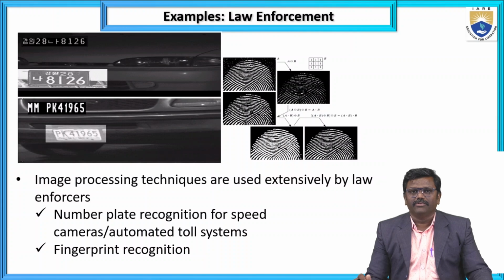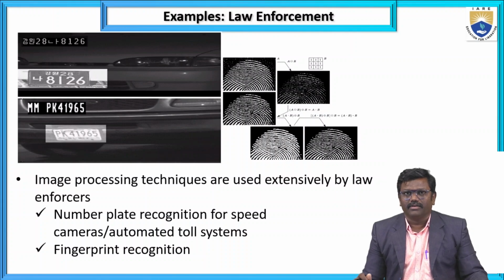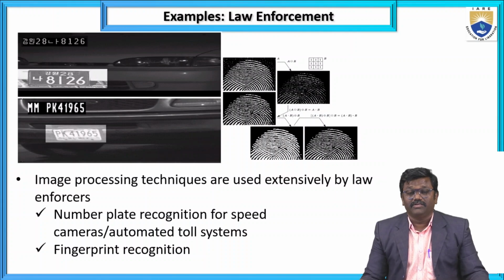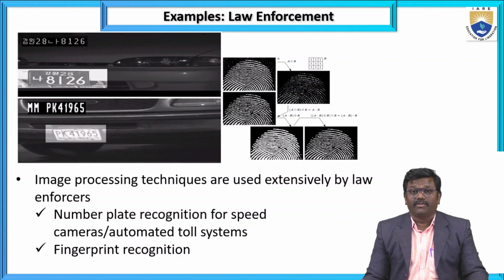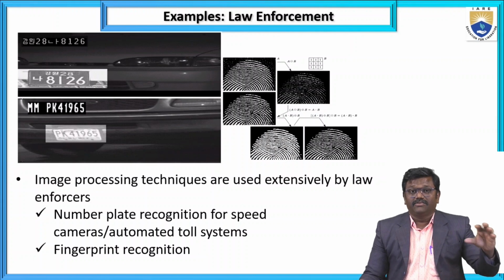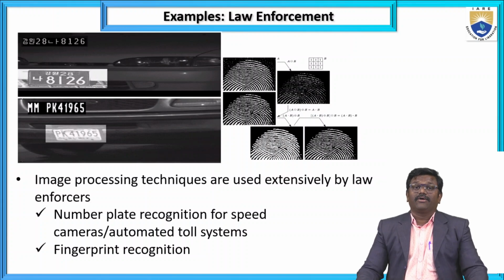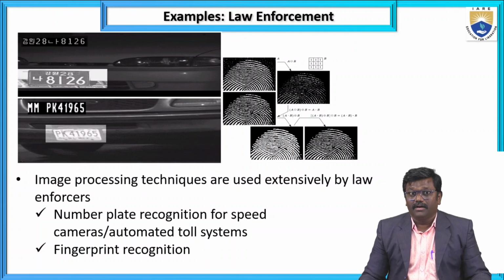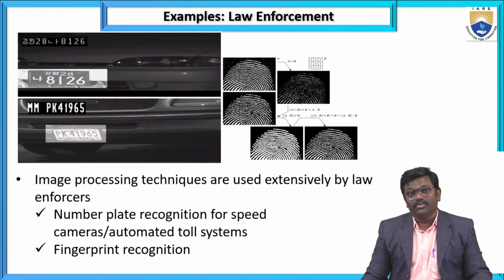Today the law department, that is the police department, uses image processing completely by installing CC cameras at various places, especially in metropolitan cities. They monitor and control through law enforcement rules and regulations.